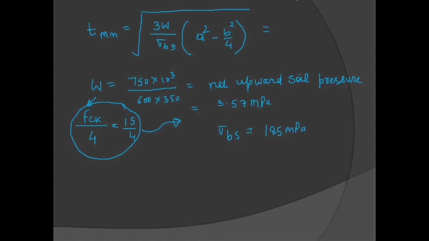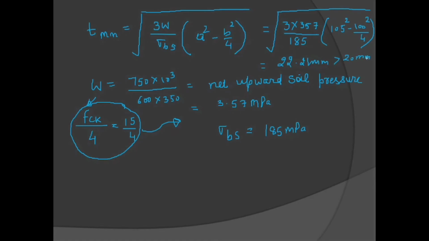So, 3w whole under root, where w is 3.57, whole divided by 185 into (105 whole square minus b square) divided by 4, and that gives the minimum base plate thickness equal to 22.21 mm, which is more than 20 mm.